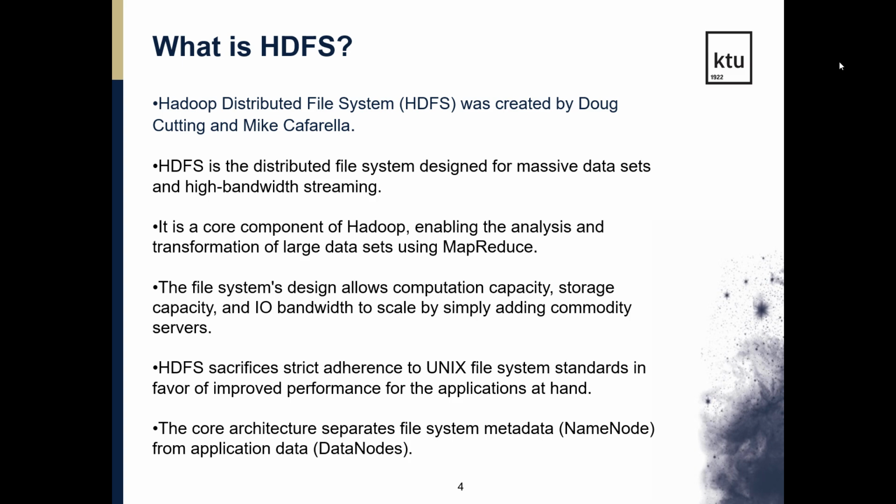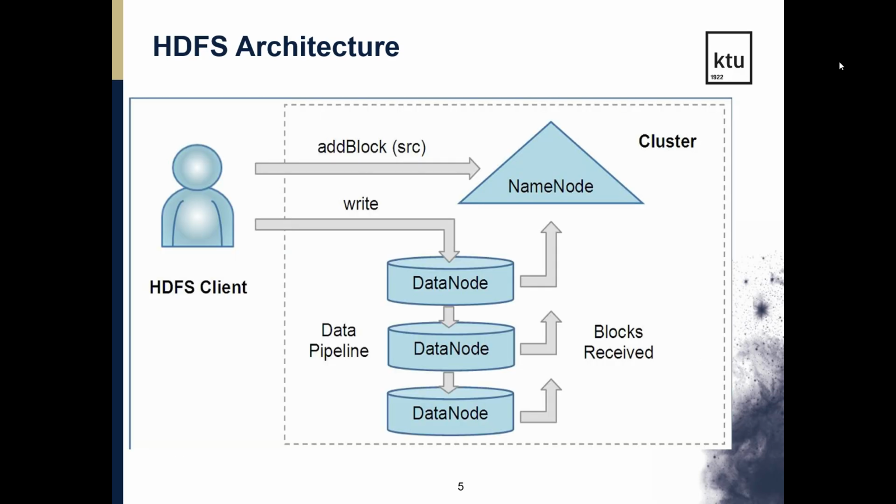The file system is similar to the Unix one, but we make some sacrifices so that our performance is better. The core architecture separates file system metadata from application data. There are 2 types of nodes in our system, and we are going to see about the NameNode and the DataNode.